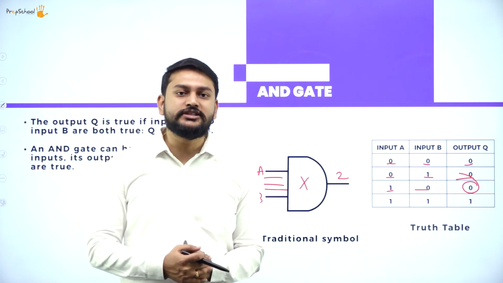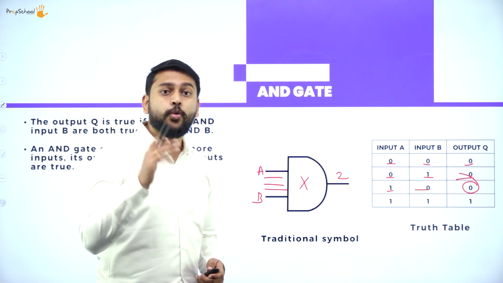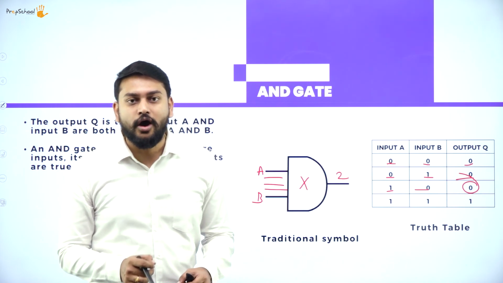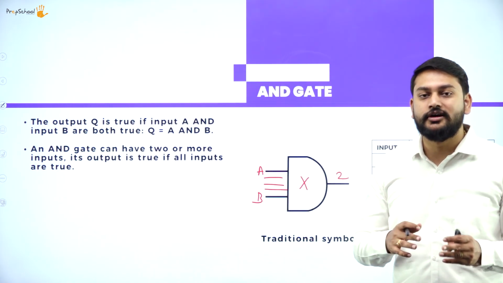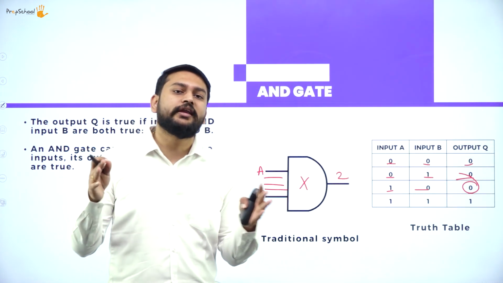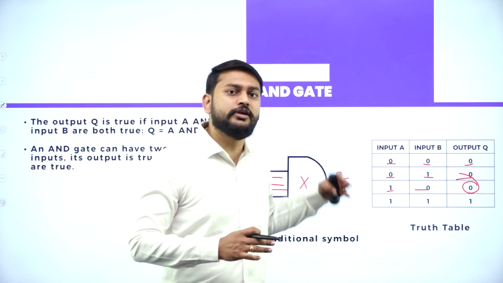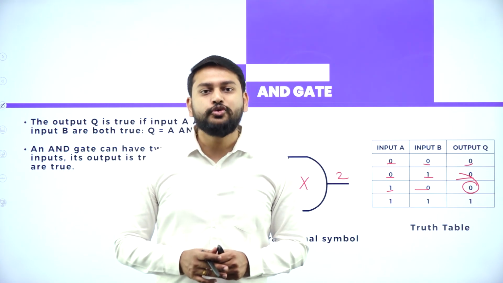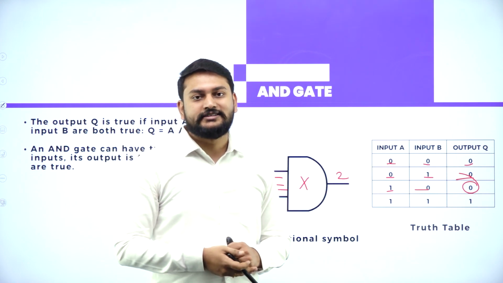So my dear students, this gives you a basic brief knowledge of the different logic gates. Along with that, you also came to know the graphical symbols of the different logic gates and how to write the truth table. You understood how to write the truth table for each and every gate, and I also taught you how to write the truth table for a given expression. That's what you need to understand.